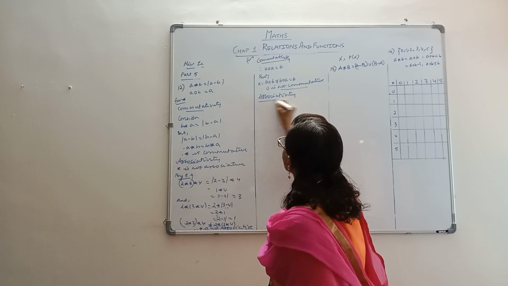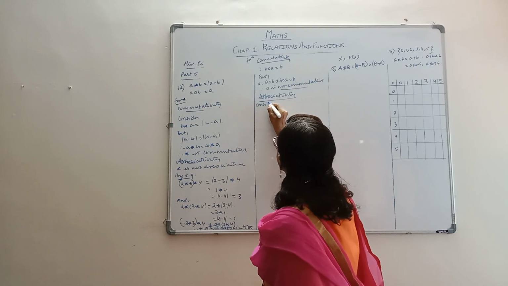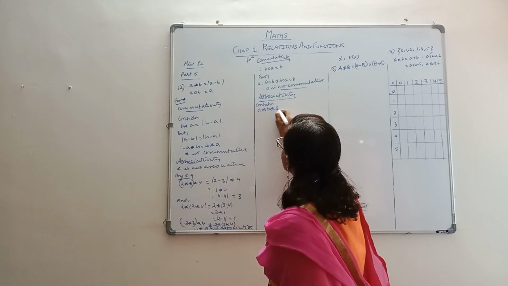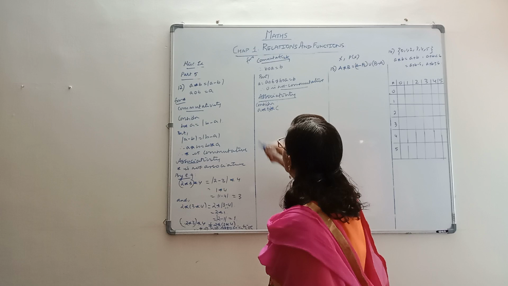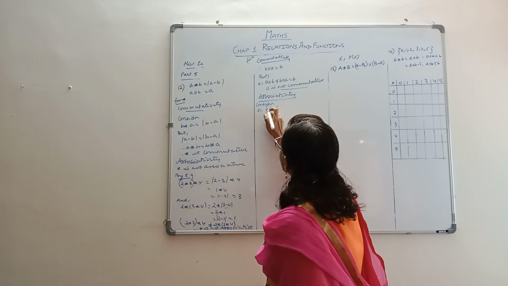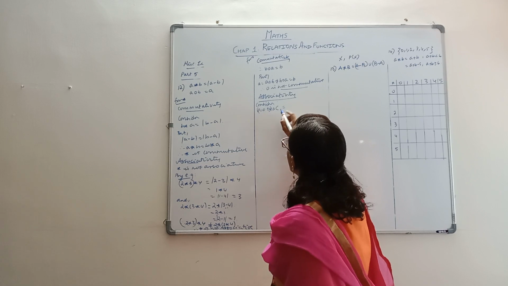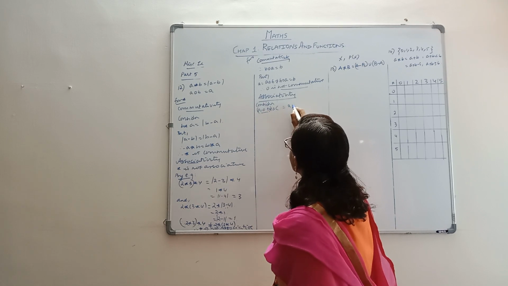Associativity. Let's consider (A O B) O C. A O B means A, the first element.